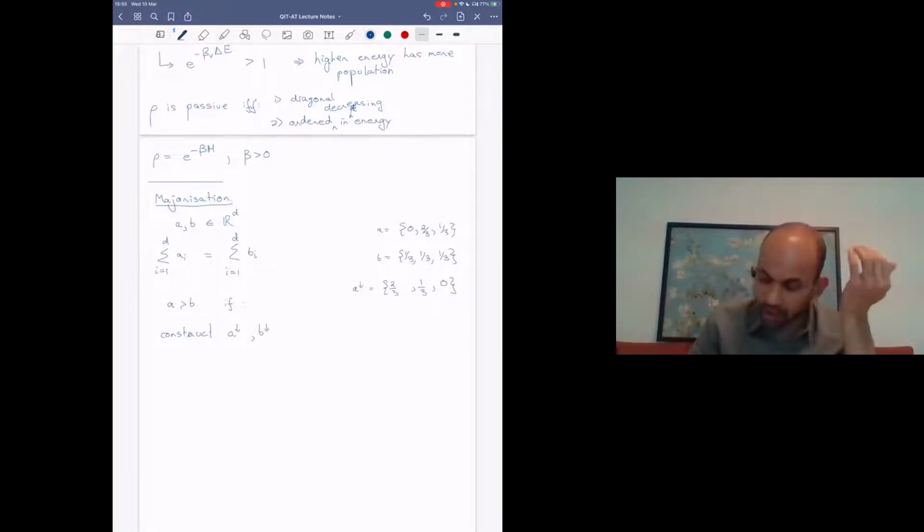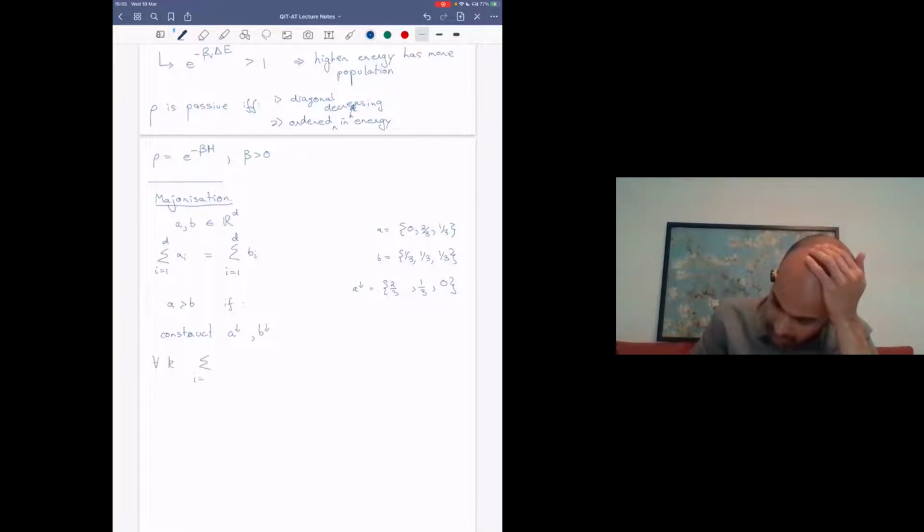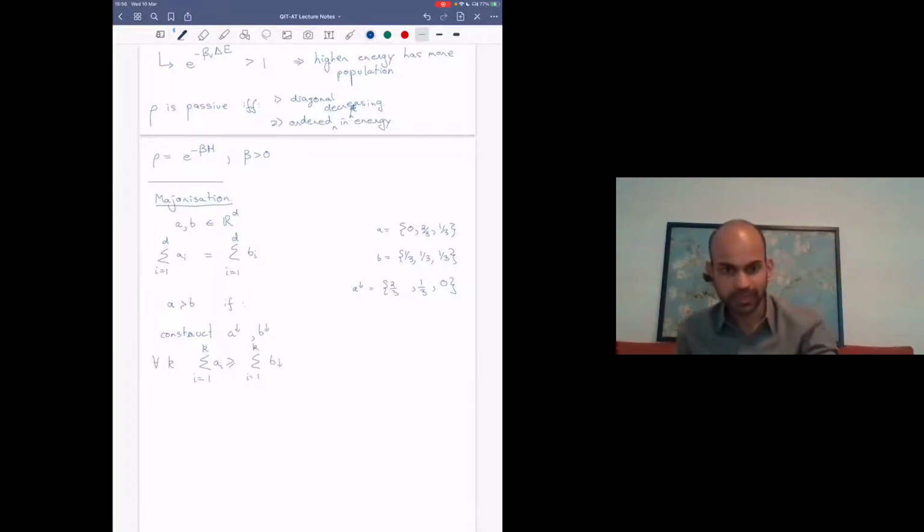So I construct A ordered and B ordered, and then I check that every partial sum, so for any k, the sum of the k largest elements of A is greater or equal to the sum of the k largest elements of B. And if this is true for all k, I say that vector A majorizes B.